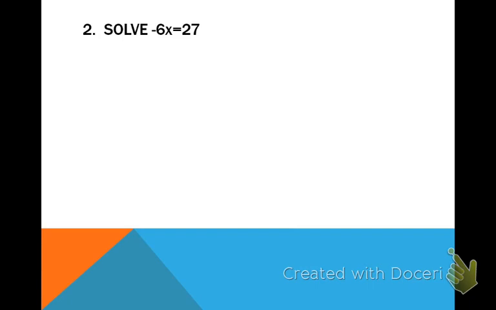Same deal with the second guy here. We want to solve negative 6x equals 27. All right?